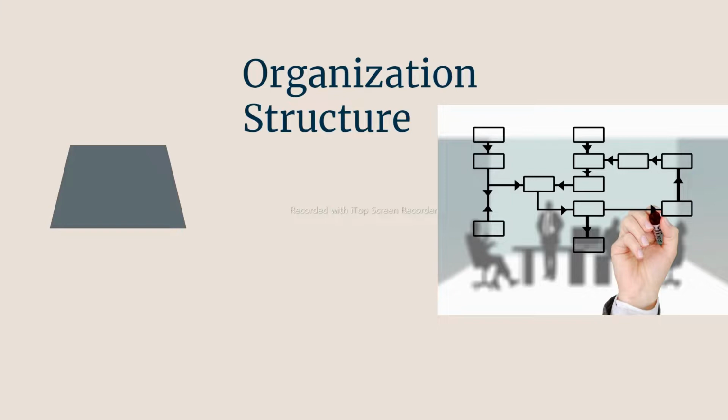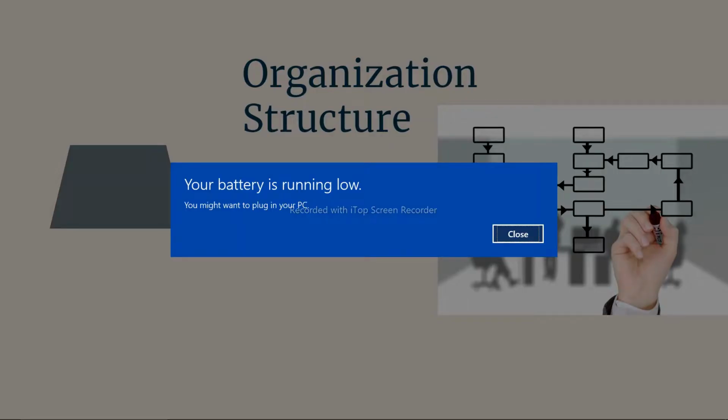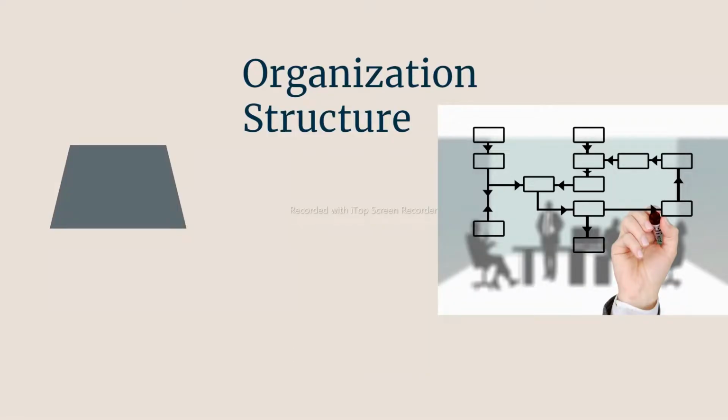There are several types of organizational structure, including functional structure, divisional structure, matrix structure, team-based structure, network structure, flat structure, and etc.